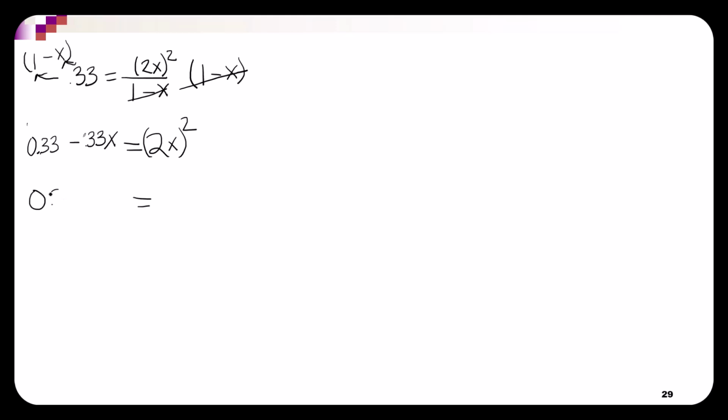So 0.33 minus 0.33x. I'm going to square this, so 2 squared is 4. x squared is x squared. At this point, I recognize that I have a quadratic equation.